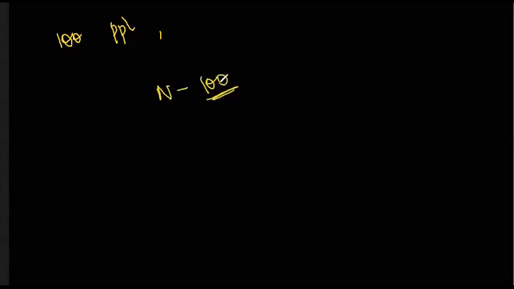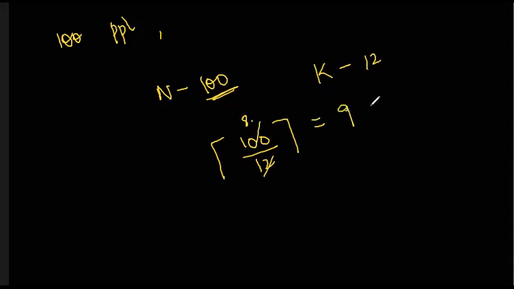That is, you are placing 100 people and classifying them into 12 boxes. So k value is 12. Now in this case, we will take the ceiling value of 100 by 12. So 100 by 12 gives us 8 point something, and taking the ceiling value, it will be equivalent to 9.